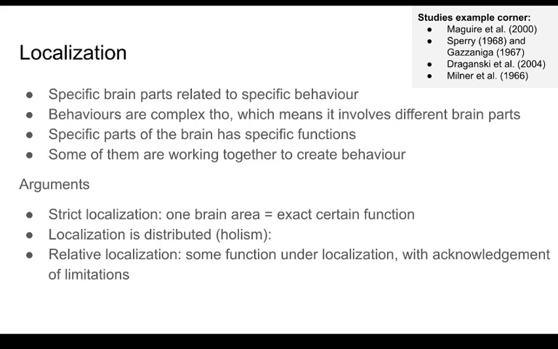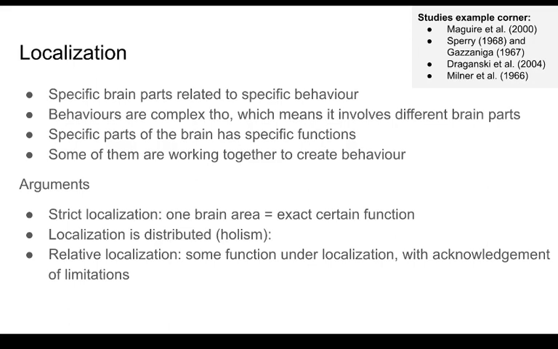Specific brain parts have their own specific functions, and some of them work together to create a certain behavior. The common arguments around localization involve strict localization, which is how a certain brain area would have that exact certain function. These are usually highly supported in old studies such as the Broca-Tan study.